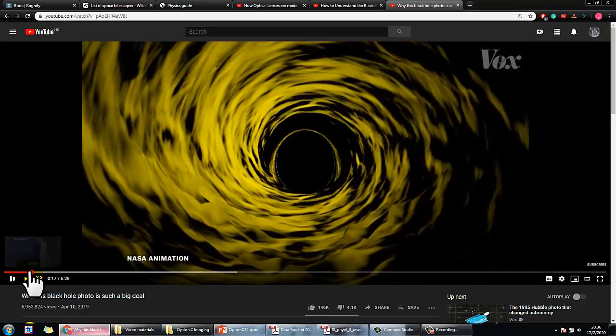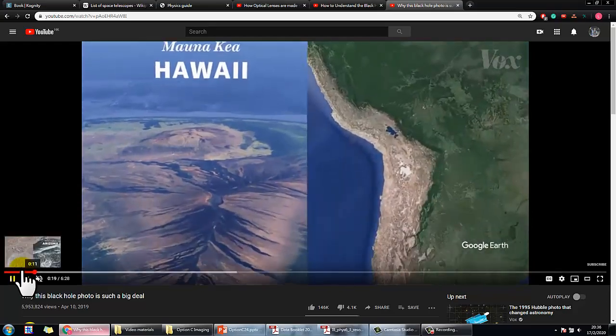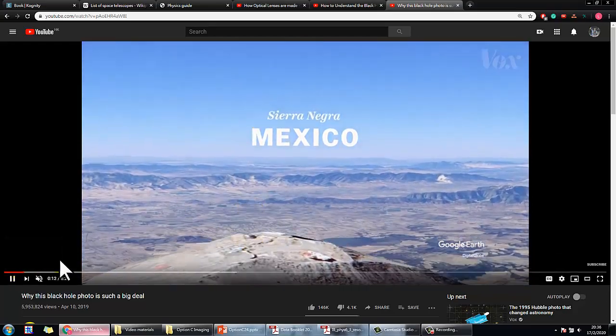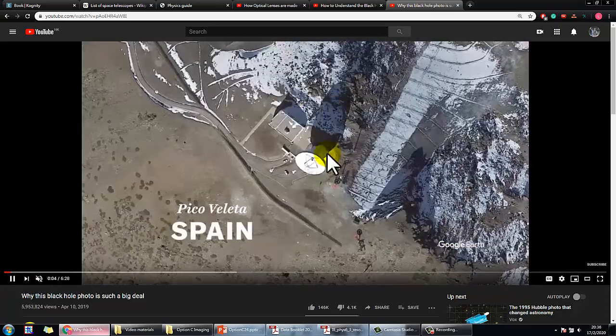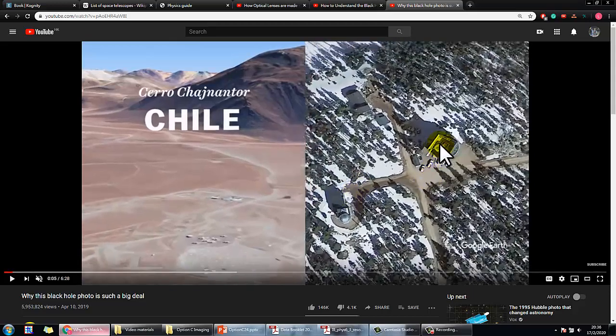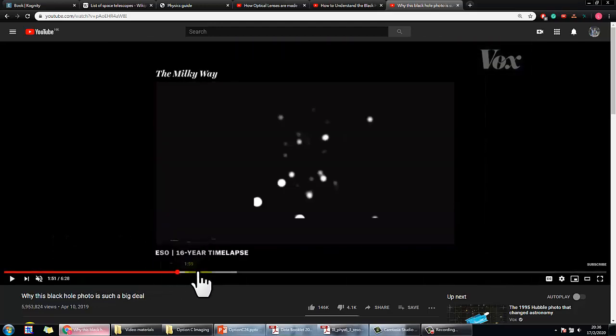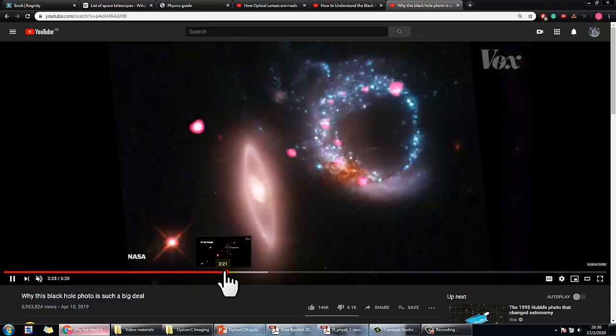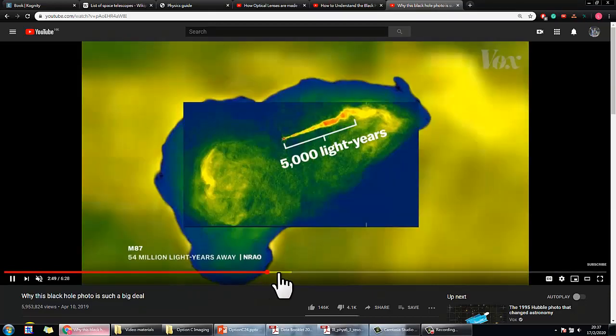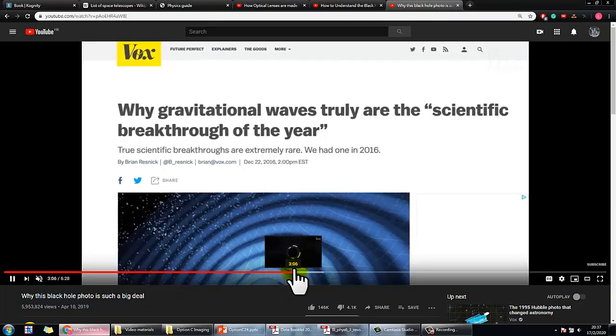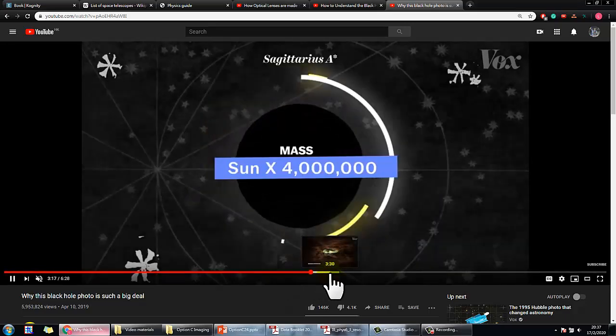Because if you have heard about the news about how we take the photo, it's actually taken from different countries. There you can see there's some radio telescopes from different parts of the Earth, and what scientists did was to combine those data by using a supercomputer.